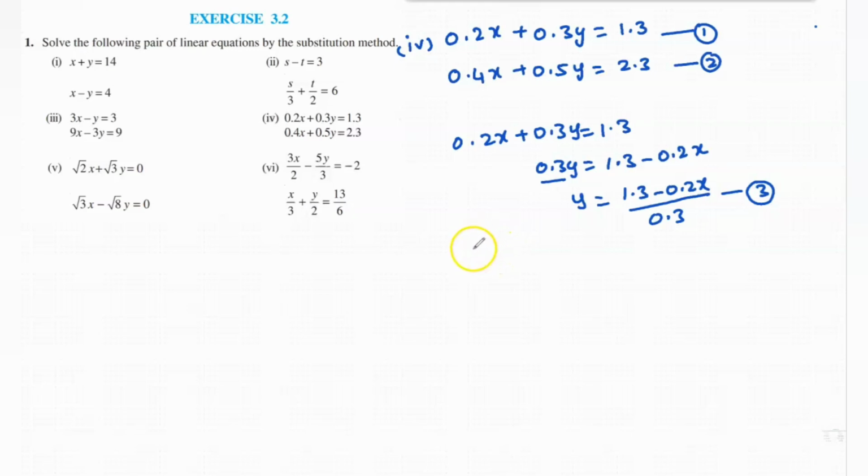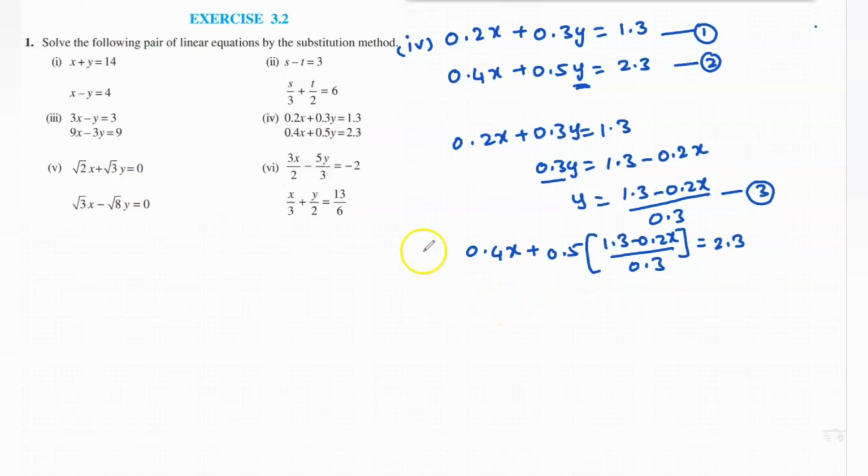So substituting 3 in 2, you get 0.4x as it is. In the place of y, I'll substitute this equation. So 0.5 into (1.3 minus 0.2x) by 0.3 is equal to 2.3. Okay, this is your equation in x terms.